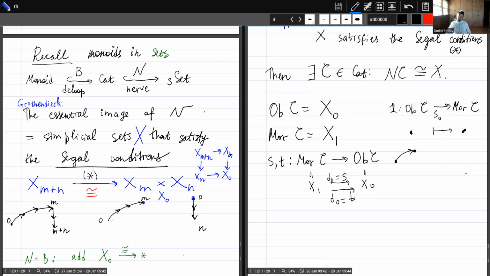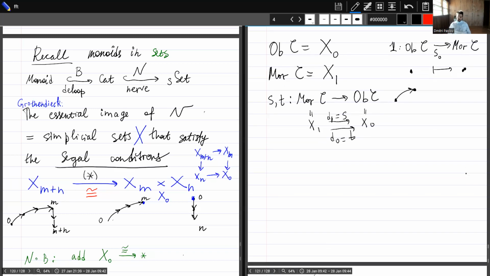Next, the composition map. How does a composition work? Well, composition in a category accepts two morphisms as an input. And these morphisms are not arbitrary, they have to match. So here is a picture. Here's one morphism, here's another.